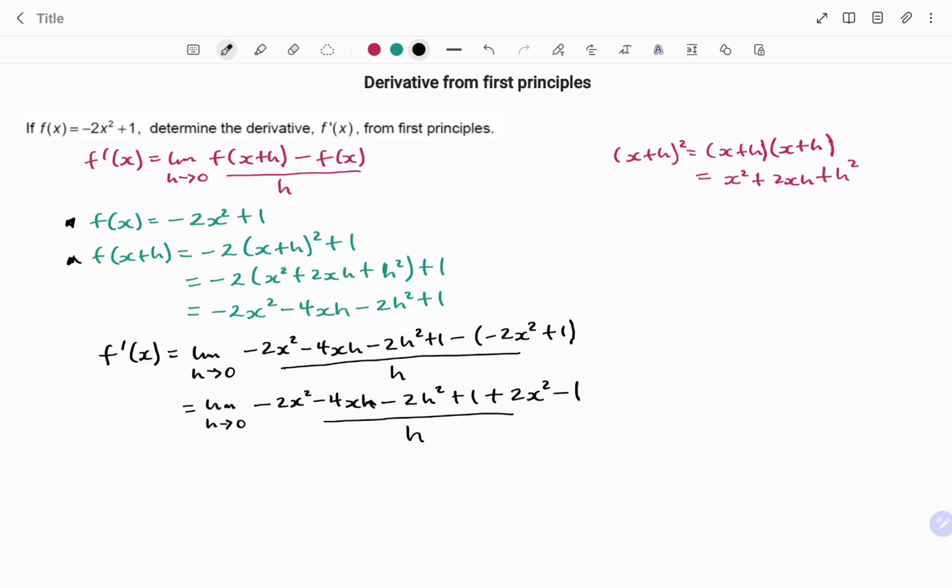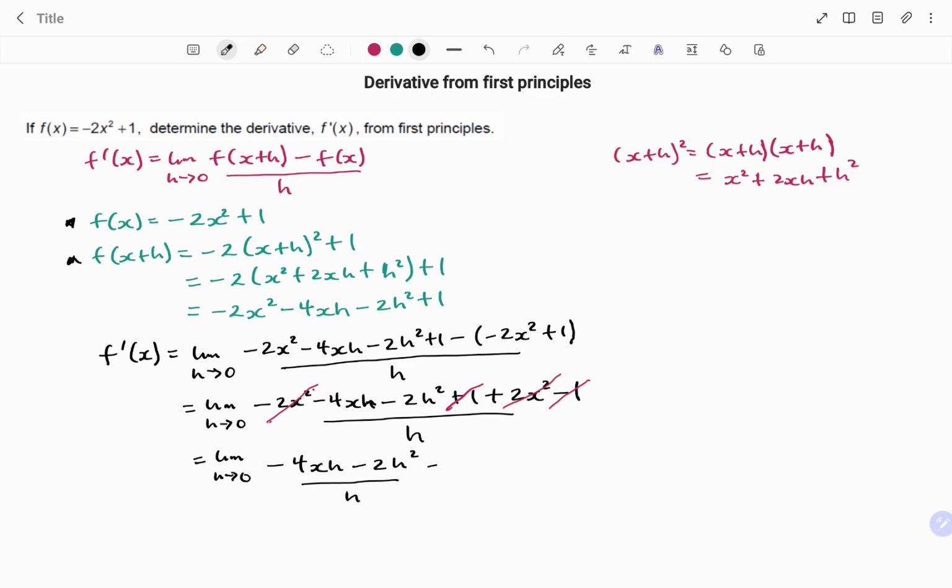Now I need to simplify further. Minus 2x squared plus 2x squared, that cancels, that's 0. Then I have plus 1 minus 1, that's also 0. So my equation becomes the limit as h tends to 0, I have minus 4xh minus 2h squared all over h.